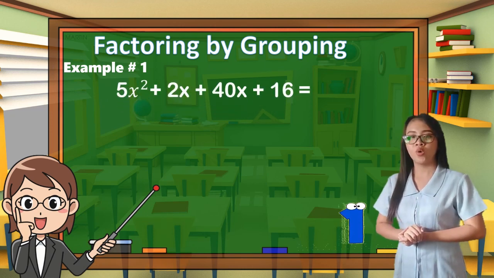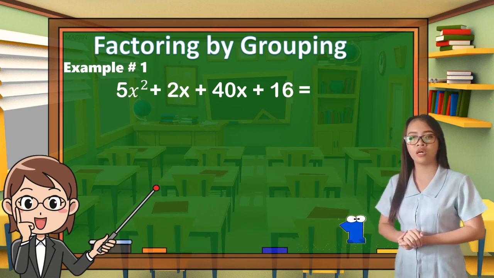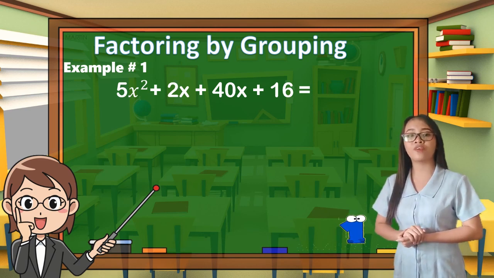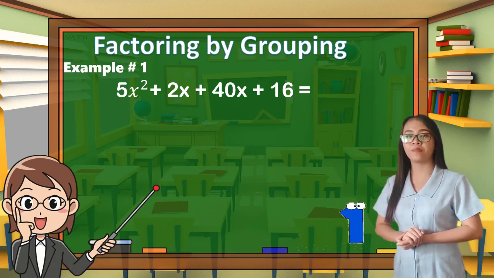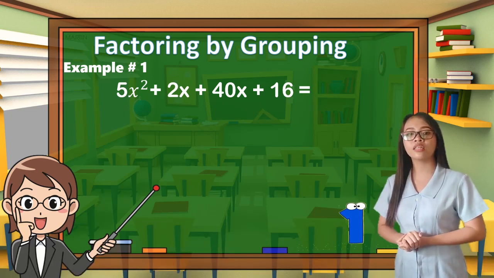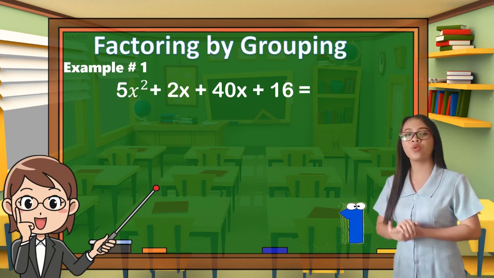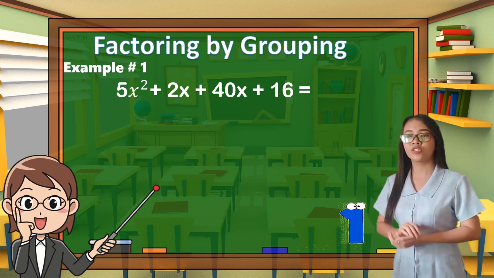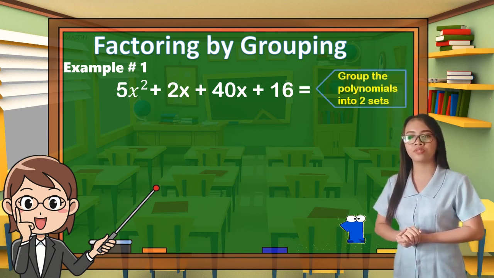As you can see, we have a polynomial that has 4 terms. Usually, we use factoring by grouping if we have a polynomial that has 3 terms or 4 terms that we can separate. So by grouping, we will group this polynomial into 2 groups because we have 4 terms.